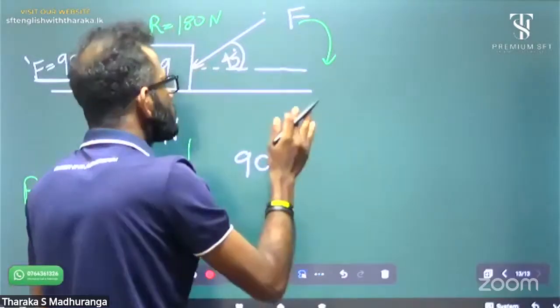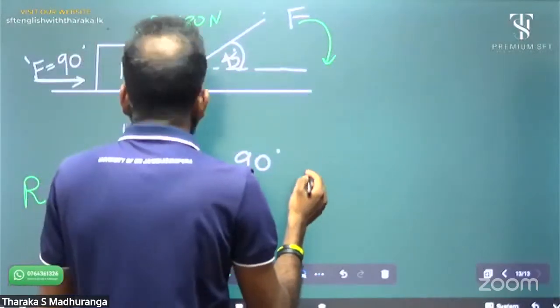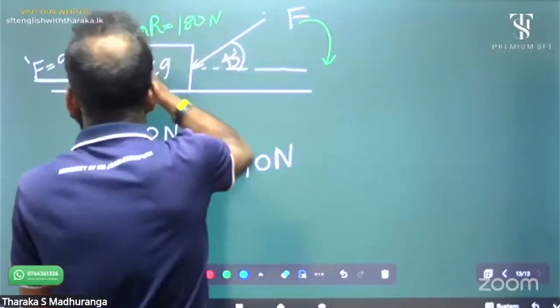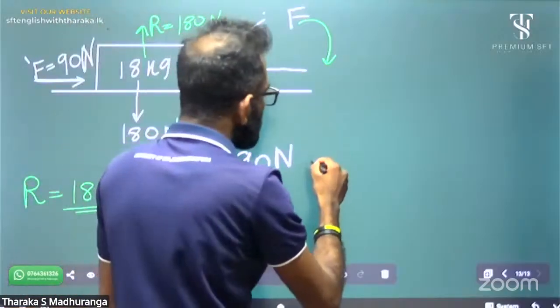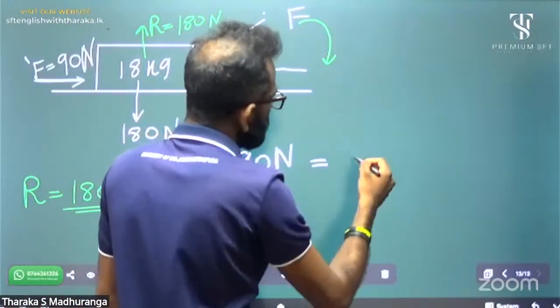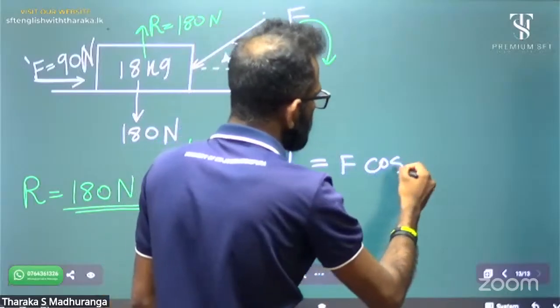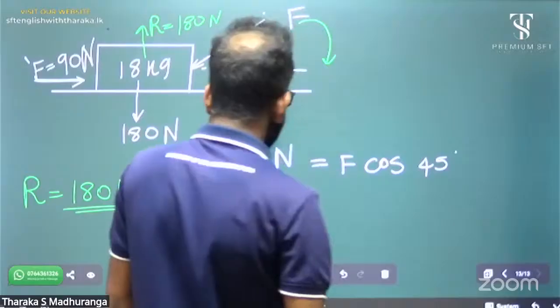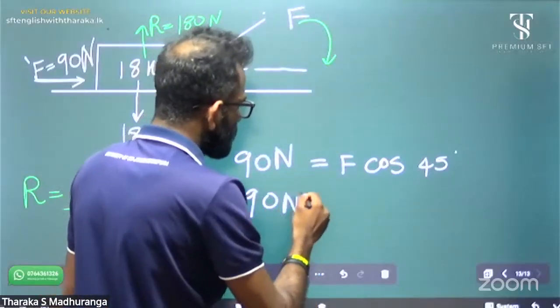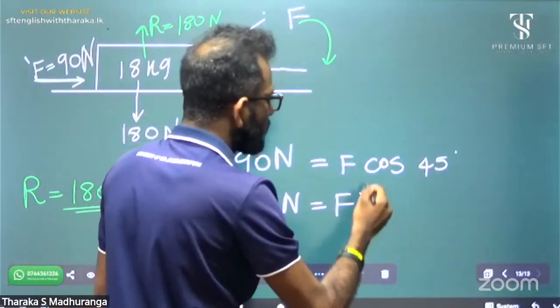If it is constant velocity, that means balanced, so 90 Newton equals F cos 45. 90 Newton equals F multiplied by cos 45.